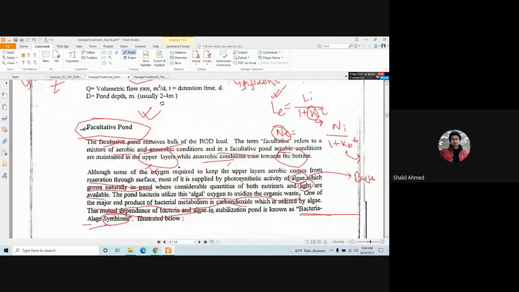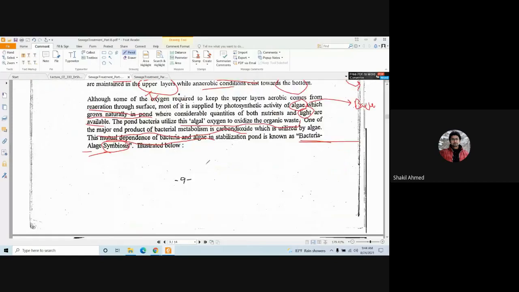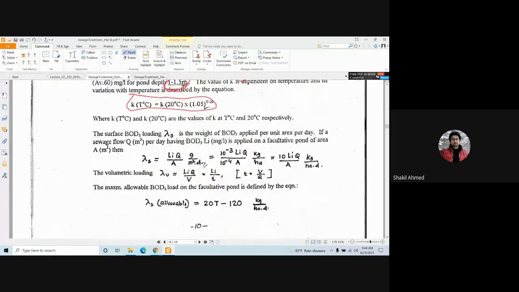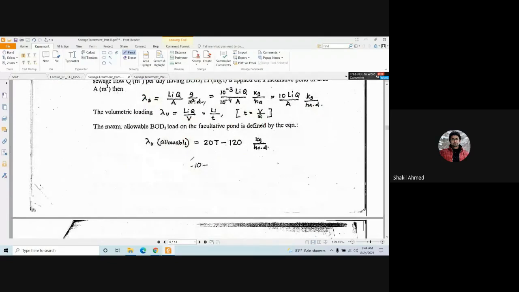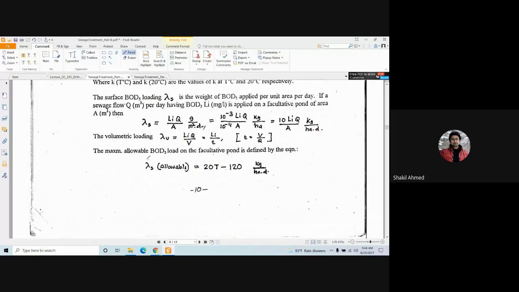Another thing is, to keep the facultative pond's characteristic, your allowable surface loading formula is this: 20 into T minus 120 kg per hectare per day.